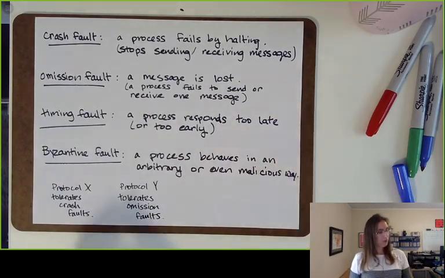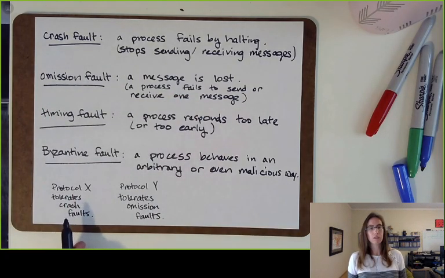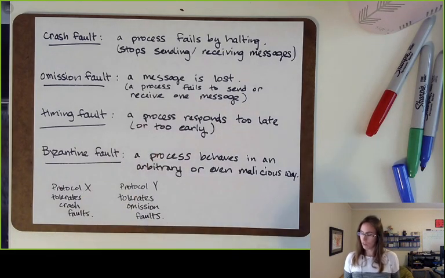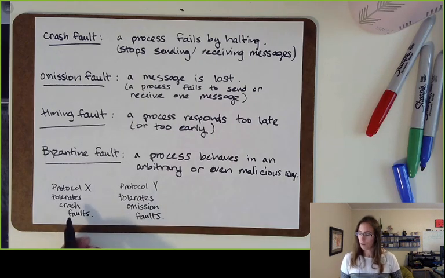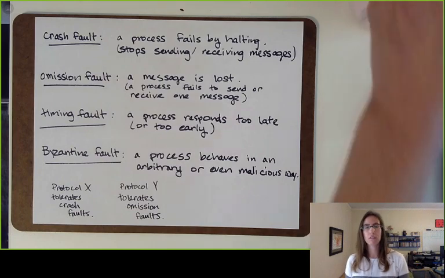So in other words, protocol X is robust to crash faults. It'll still work. And let's say that protocol Y is robust to omission faults, so it'll still work even if messages get lost. So my question for you is this. Does protocol Y also tolerate crash faults? If we say that it tolerates omission faults, does it also have to tolerate crash faults? What do you think?